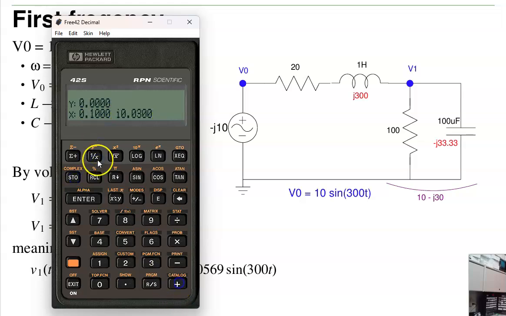Take that inverse, add, inverse. Try that again. 100, inverse, 0, enter, 33.33333. Complex, inverse, add, inverse. There we go. 10 minus j30.